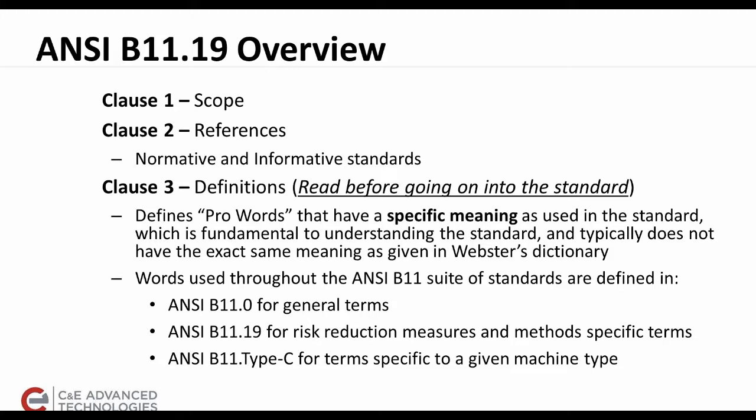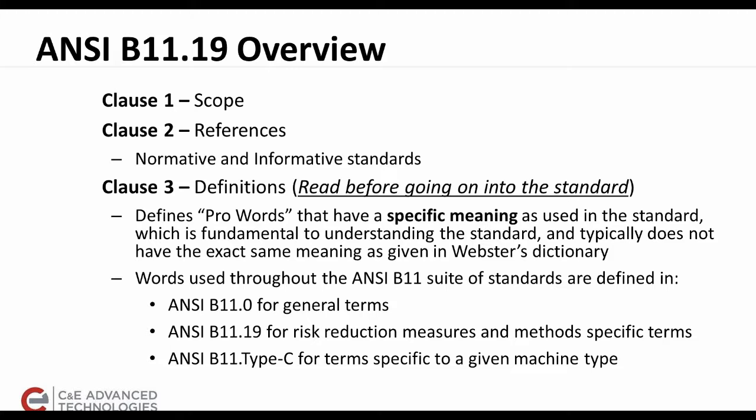Clause 3 is a very important part of the standard. It is the definition. It should be read before going into the standard base. The reason for that is many of the definitions are what we call pro words. They have a very specific meaning as they're used in the standard.